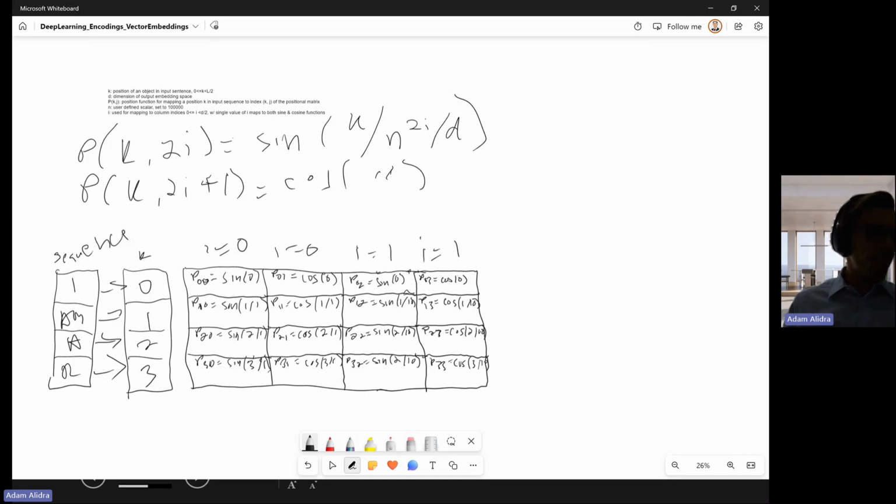So a final point here is that this positional encoding matrix would be the same for any 4-letter phrase where N equals 100 and D equals 4. So what I want to do now is get back to some content.